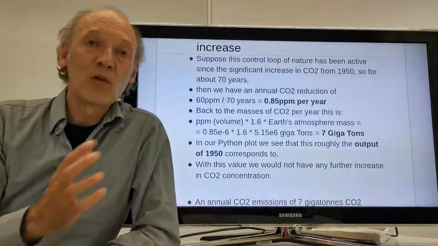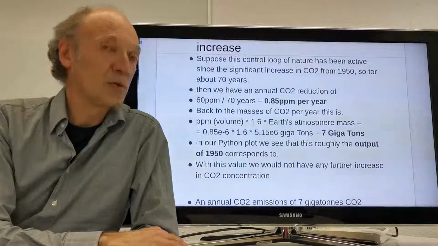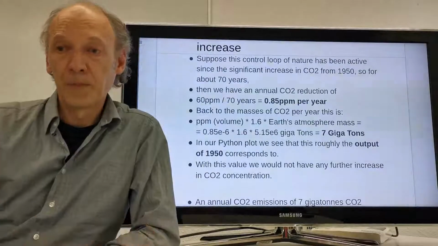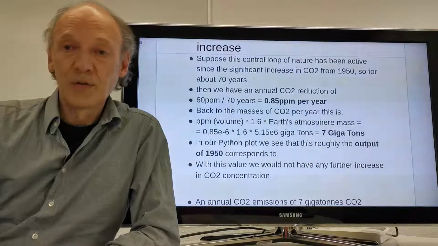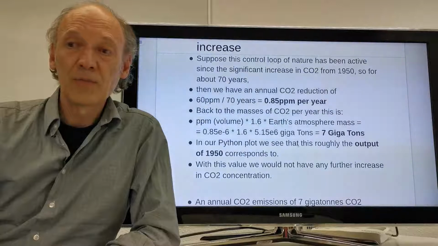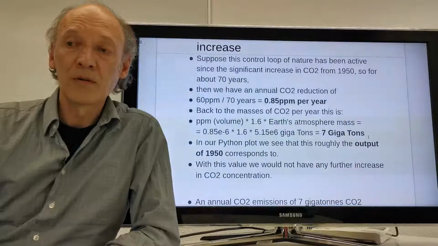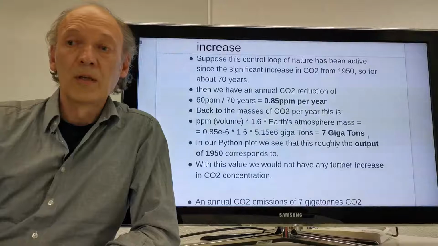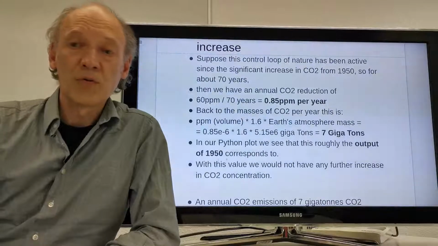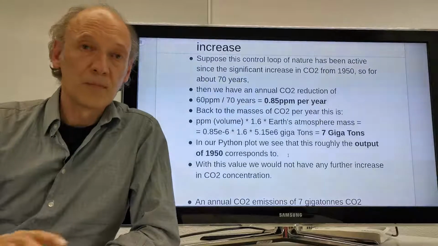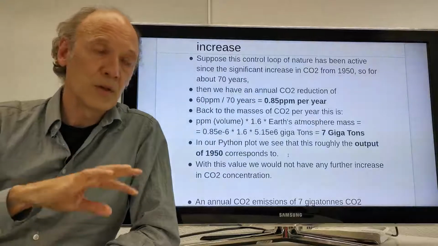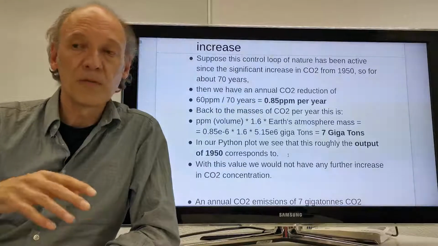So this is basically a lot, but much less than what humanity puts in, right? And we actually see in our Python plot that this amount that nature is able to absorb is roughly the output of 1950. So in 1950 we were kind of in an equilibrium, but since then we left it.